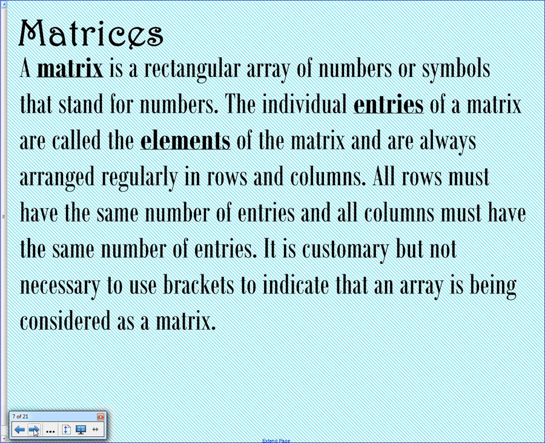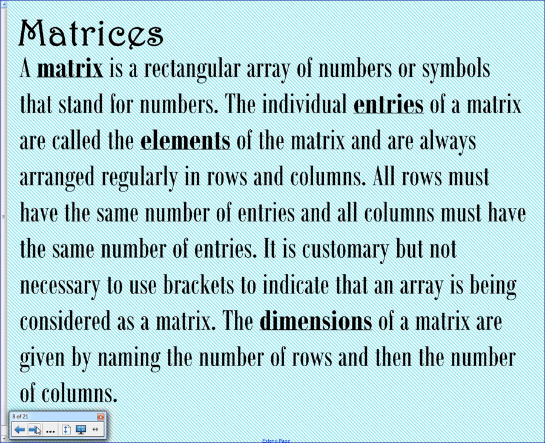It is customary, but it's not necessary, to use brackets to indicate an array is being considered as a matrix. So usually we use brackets, but you don't have to. But if you have brackets, then that definitely means that you do have a matrix. The dimensions of a matrix are given by naming the number of rows and then the number of columns. So your rows are the ones that go horizontally.